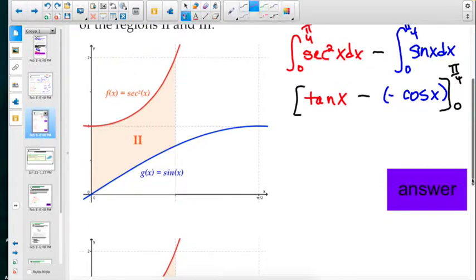We know, I'll put the values of tangent. Okay. Does anybody know the value of the cosine of pi over 4? Square root of 2 over 2. So there's our pi over 4 values.